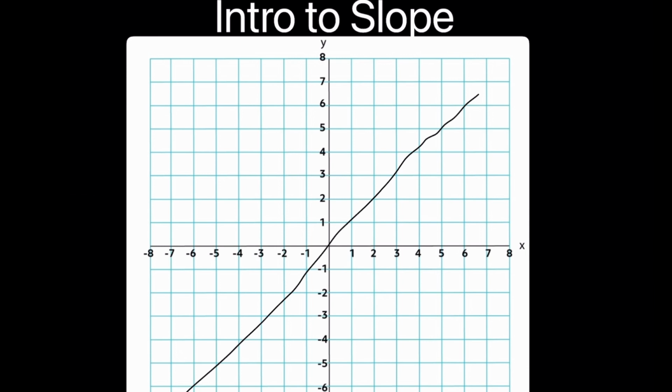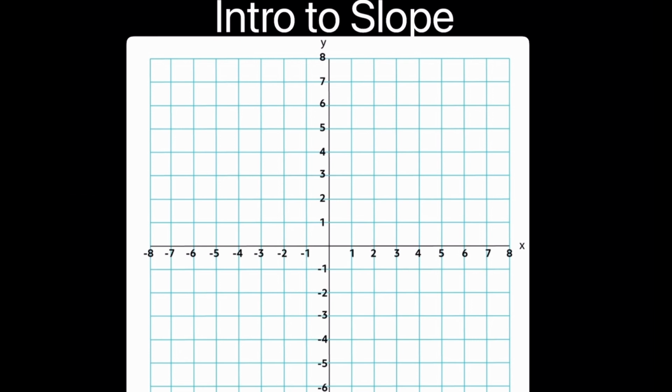You see, this line that I've drawn here doesn't go up too steep, not too fast, pretty good. But if we draw something like this, you see it goes up much steeper. Or if we do something like this, it's less steep. And let's say we wanted to measure the steepness of a function. How would we do that?